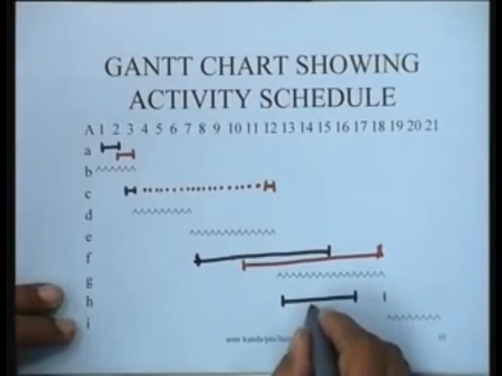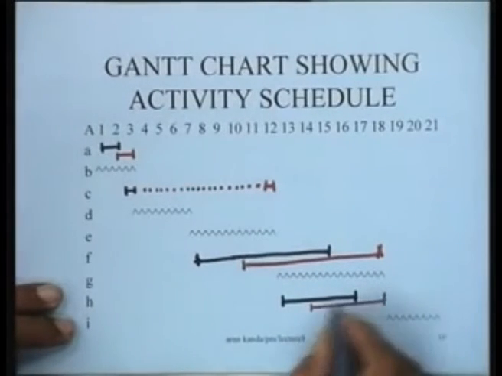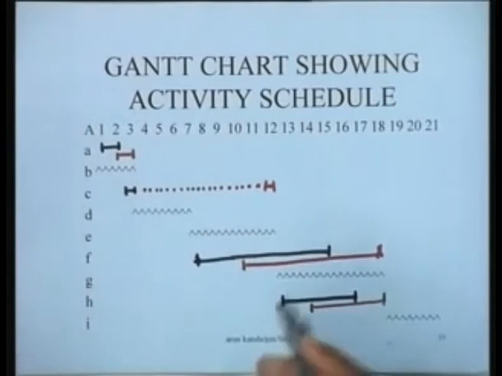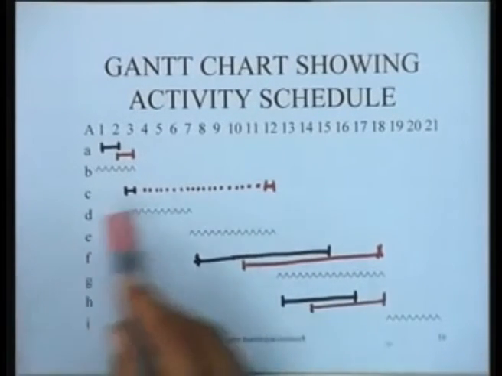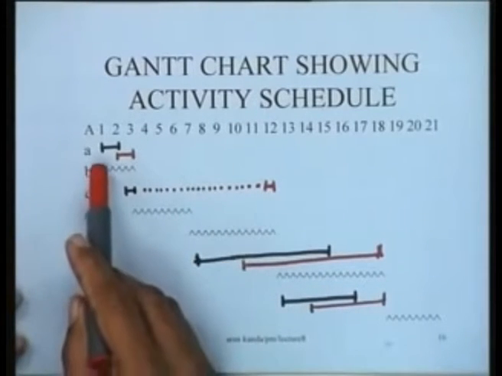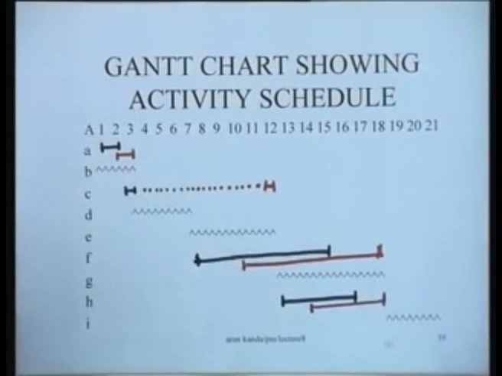So, the point really is that a representation like this of all the activity schedules, which shows the early start and the late start possibilities for all the activities, can be very conveniently shown in the form of a Gantt chart, and this would show when which particular activity is scheduled to be done.